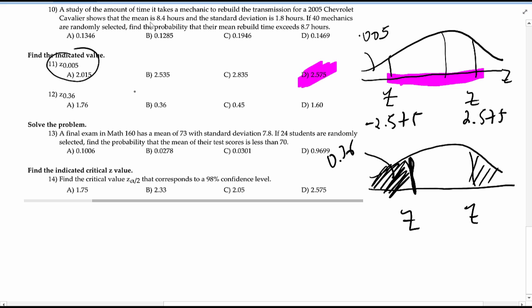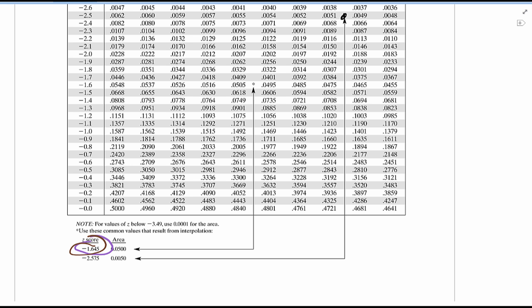So we're going to read in the negative table, for an area of 0.36, what is the z-value? Right here 0.3594, this is the closest. The z-value is negative 0.36.